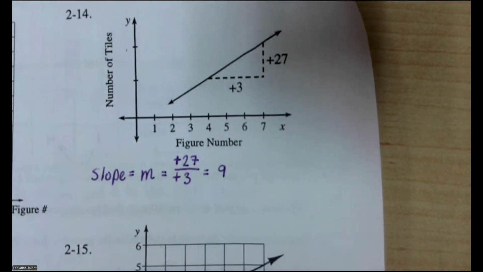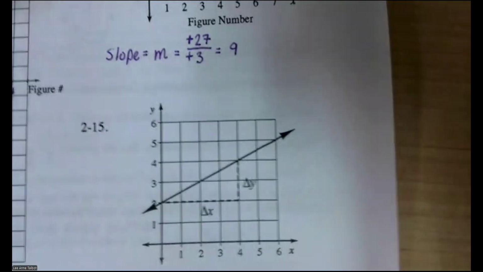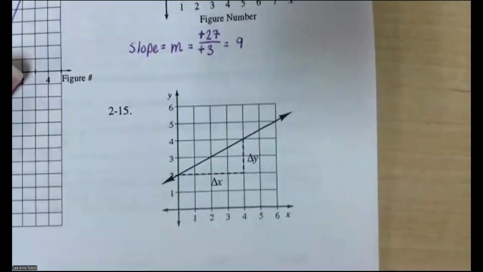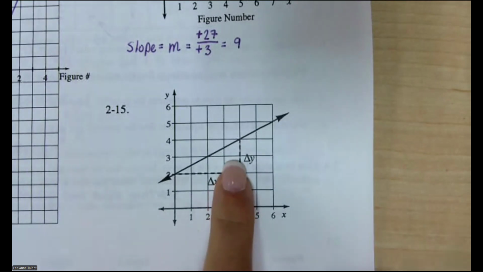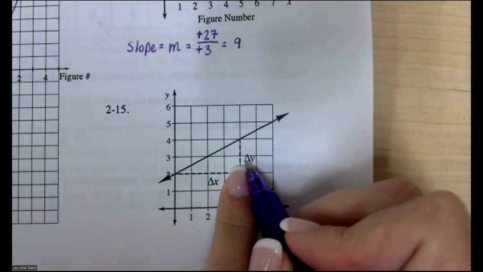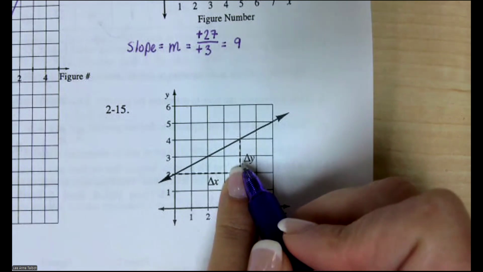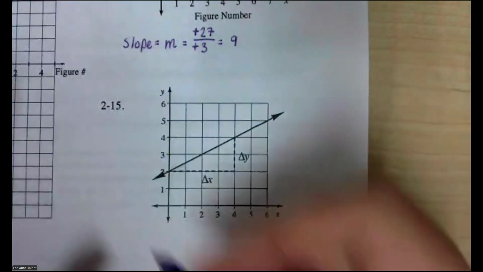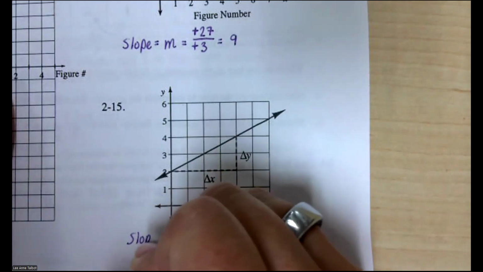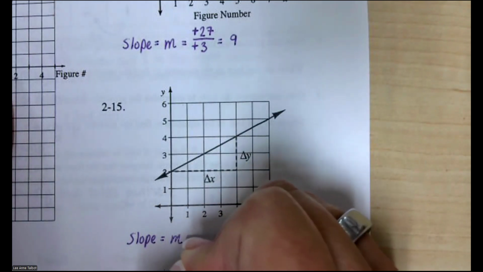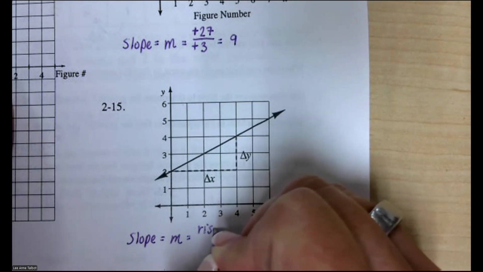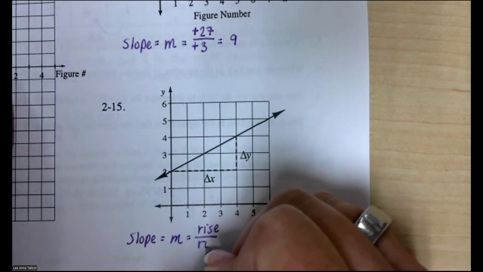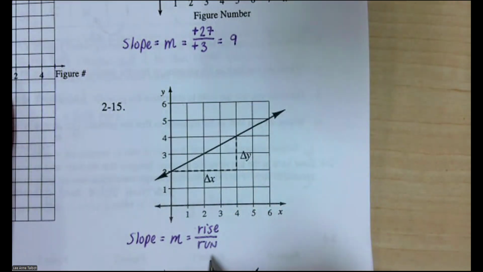Now for number 15, we're going to start to make a formula out of it. So this triangle is called delta, and delta means change in. So we're going to say slope equals m. And you might have heard this before.